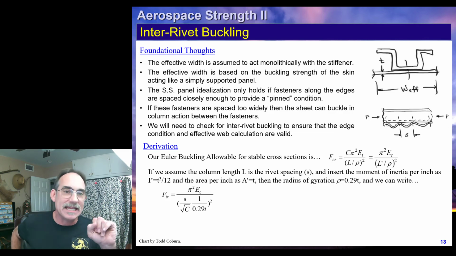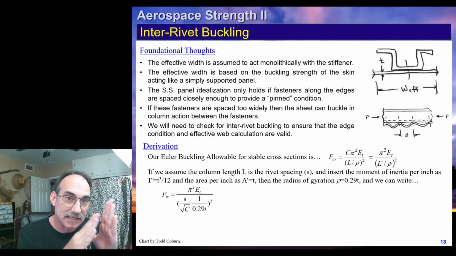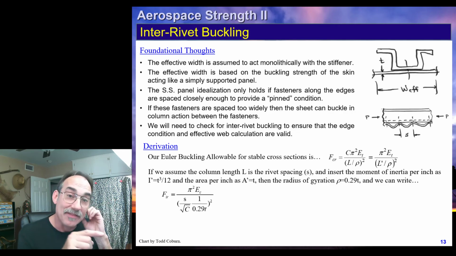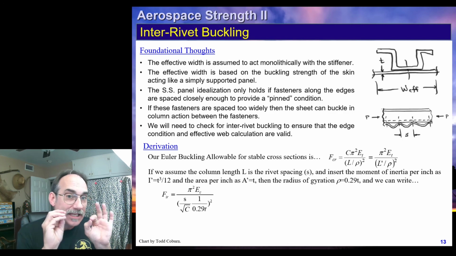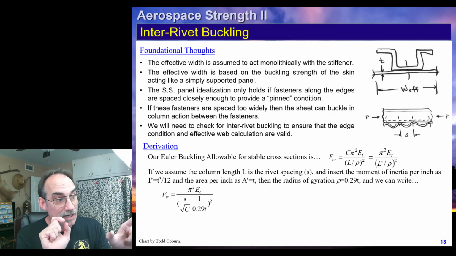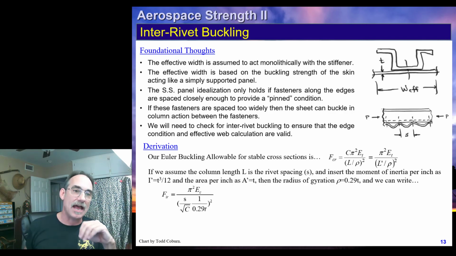So this is developed for a flat panel, but we're focused between the rivets, treating the skin between the rivets as a little column of unit width, and therefore the inter-rivet buckling allowable of that little column of skin is given by this equation. This equation can be used for any end fixity of those rivets.